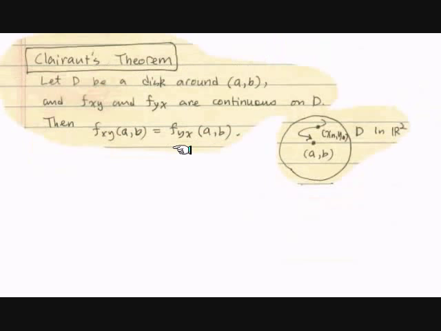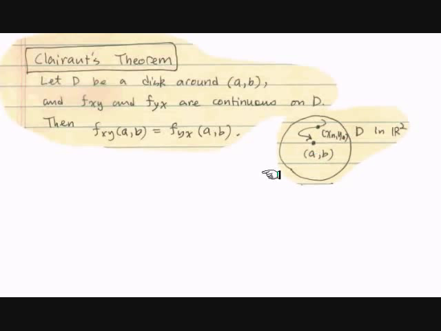So I'm showing the statement again. It has a stronger hypothesis, continuity on D, not just at one point a, b, because in this whole process we deal with fx and fy and their differentiability not only at a, b, but somewhere around a star and a hat and b star and b hat.